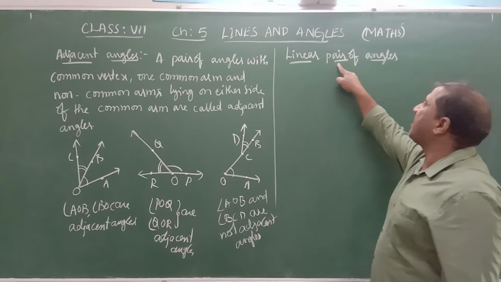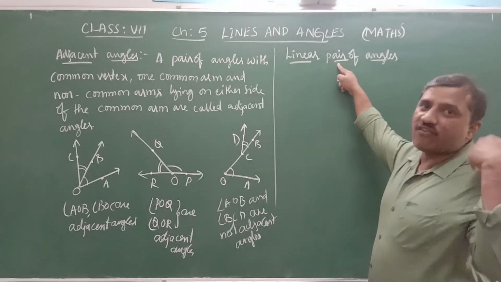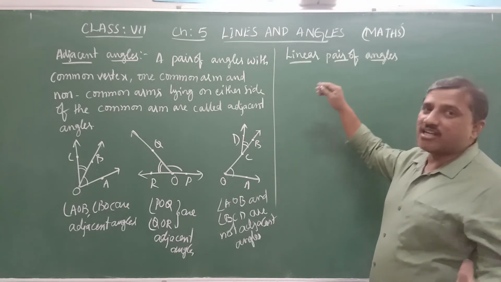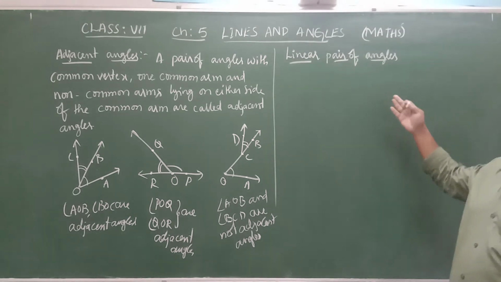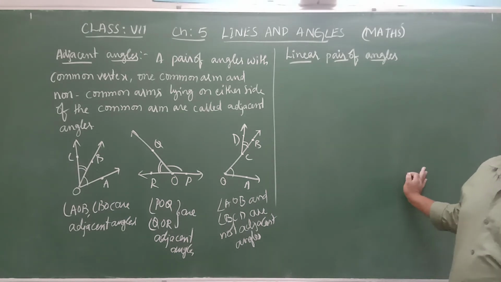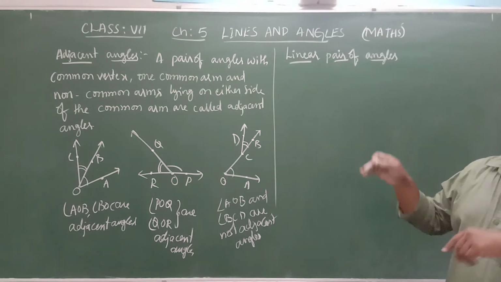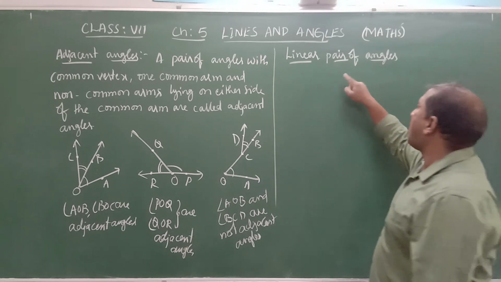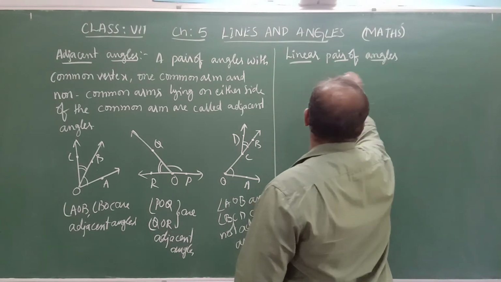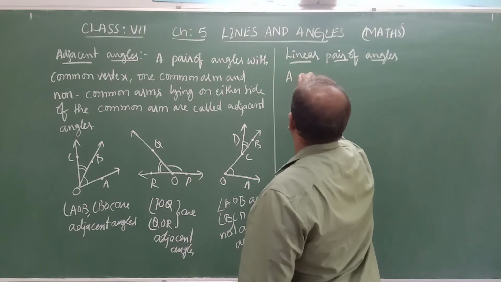Linear pair. Pair means two. A pair of angles that are also adjacent. A pair of adjacent angles whose sum is 180 degrees are known as a linear pair of angles.